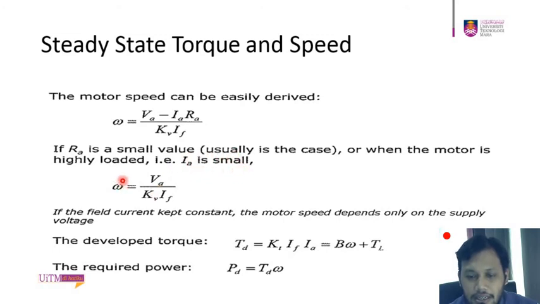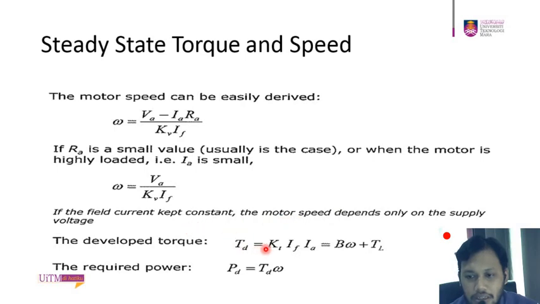So we can say that omega is equal to Va over kV If. So if the field current is kept constant, the motor speed depends only on the supply voltage.